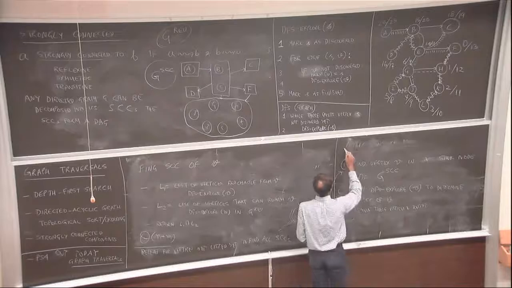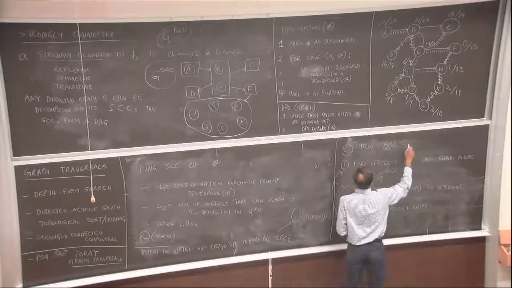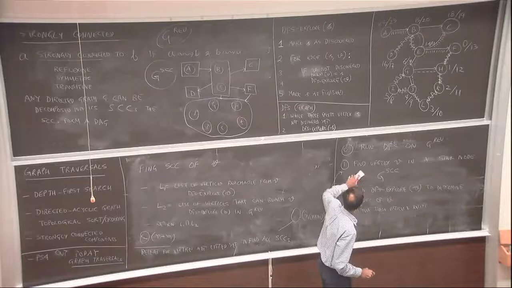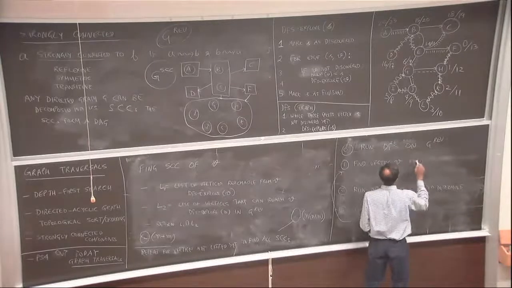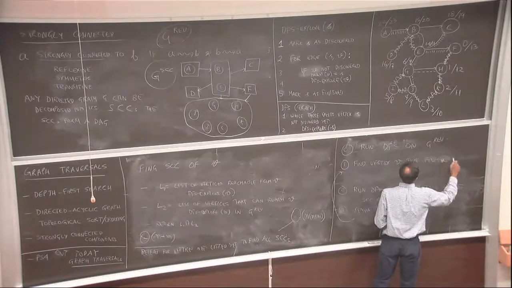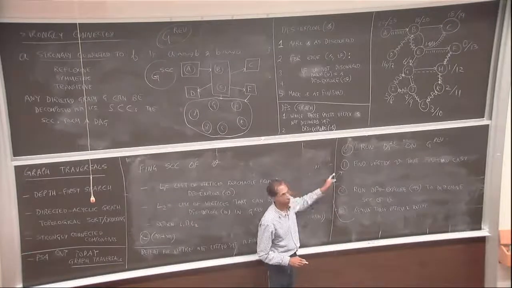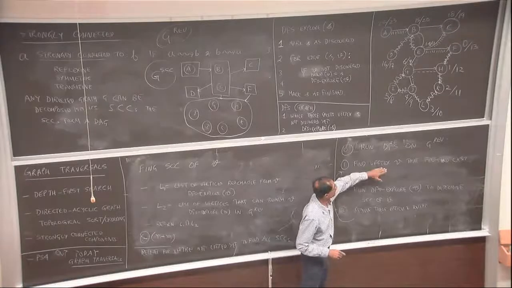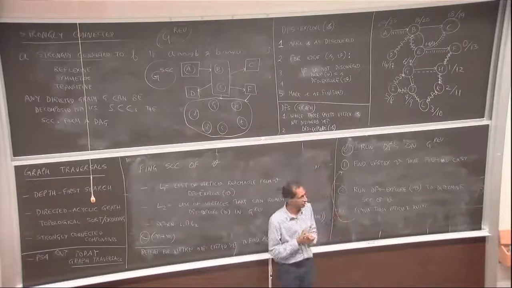So instead of doing this, you run DFS on the reverse graph. So this is the algorithm, except we only run the DFS once, and we go through the vertices in the order in which they finished last. I'll finish this next class.